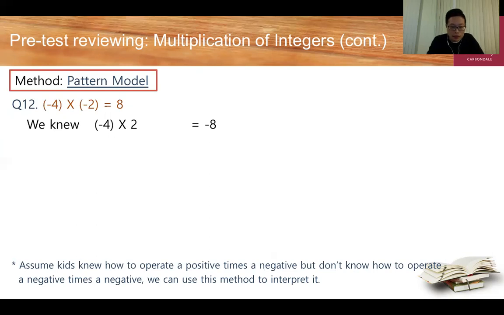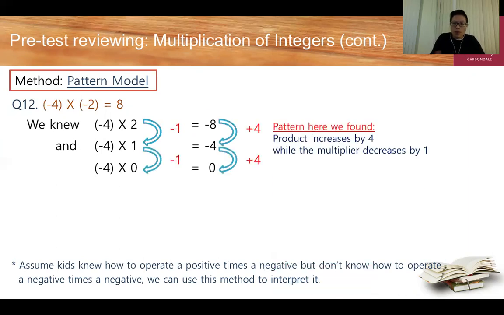So we know -4 times 2 is -8, right? -4 times 1 is -4. -4 times 0 is 0. And the pattern here we found is whenever the multiplier decreases by 1, the product increases by 4.